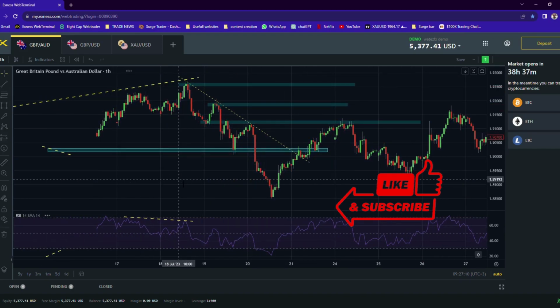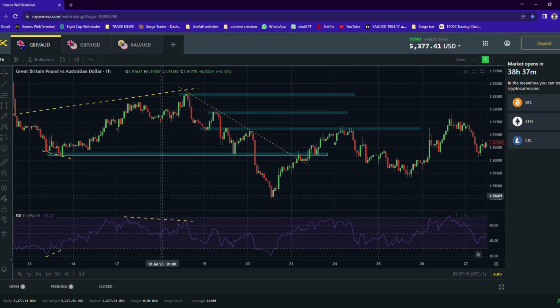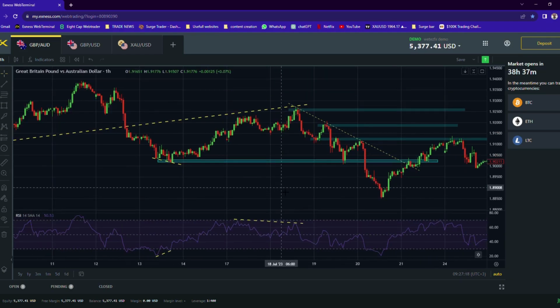So for beginners, what is RSI? RSI is an indicator that will show you the strength of a currency. The relative strength index measures the strength of a currency, which is totally different from the chart. The chart will show you where the price is moving and where the market structure is at that time, but the strength index will show you the strength of the currency.